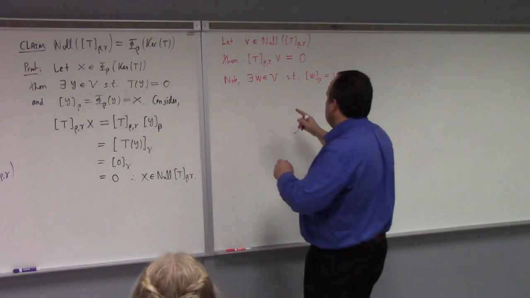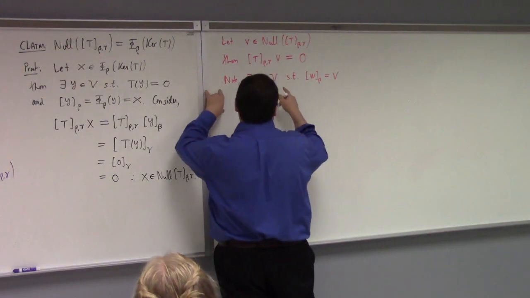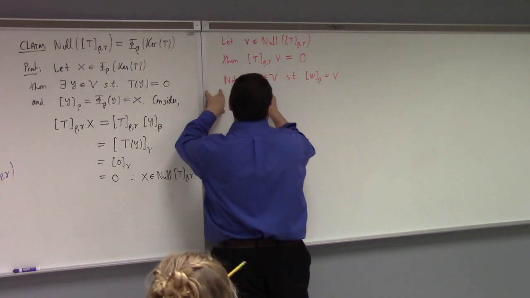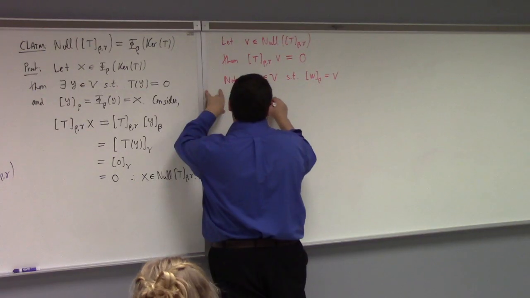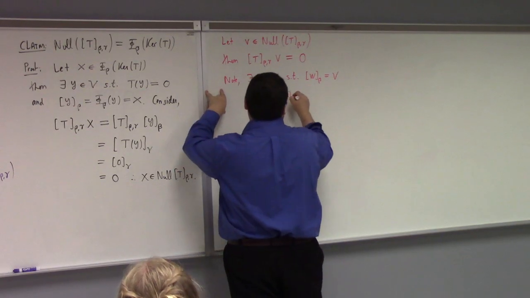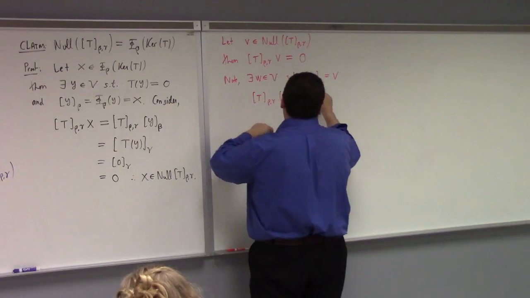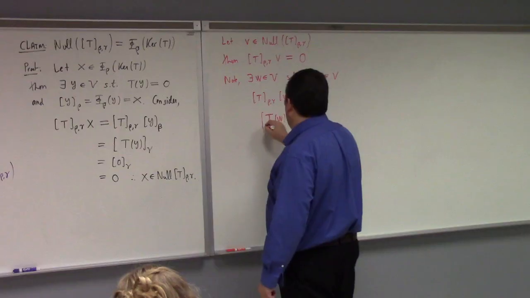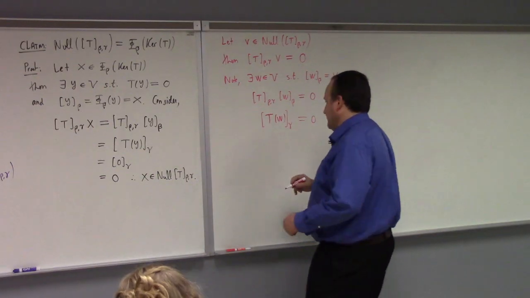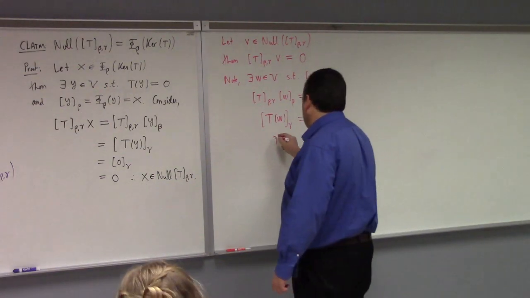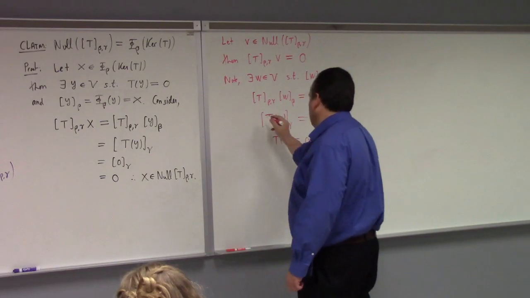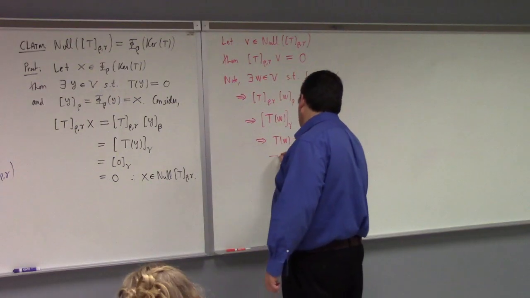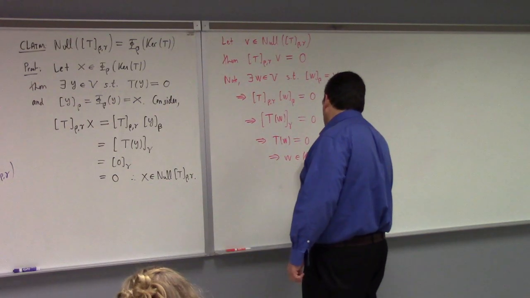So, all right, then I have that T_{β,γ} times the coordinate vector of W with respect to β is equal to 0. But this tells me that the γ coordinate vector of T of W is equal to 0, which tells me that T of W is equal to 0, which tells me that W is in the kernel.